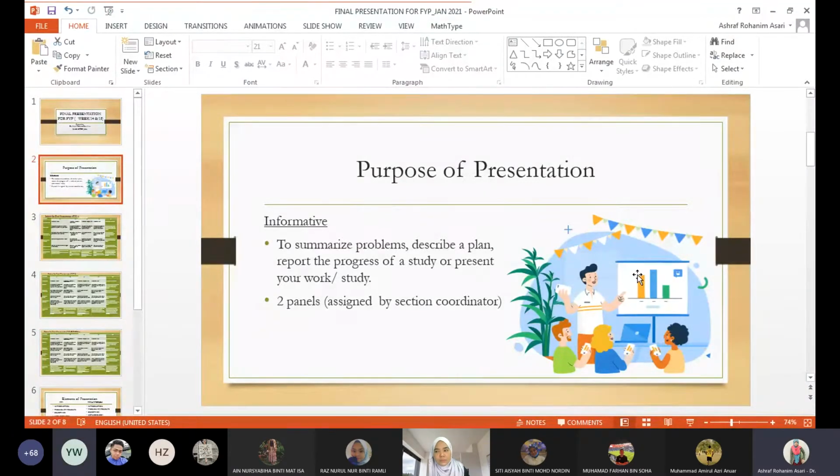The purpose of the presentation is to summarize the problem and your project, to report to the panel or audience the progress of your study, and to present your current work. Then you give them the results and conclude the whole project.